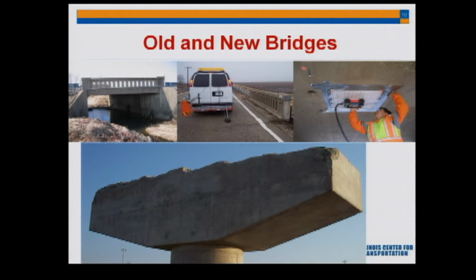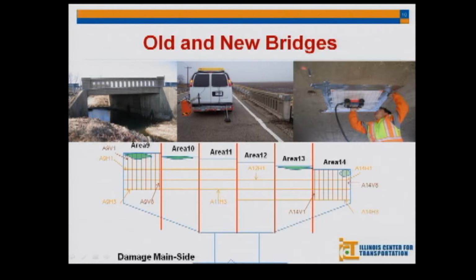This is another interesting project, in which after they built the abutment and were trying to put the girders in, the girder fell off and a couple of people actually got killed. So when the girder fell off, they didn't know if this abutment was safe or not. So the only way is to go and check it. GPR was used in order to check the reinforcement.